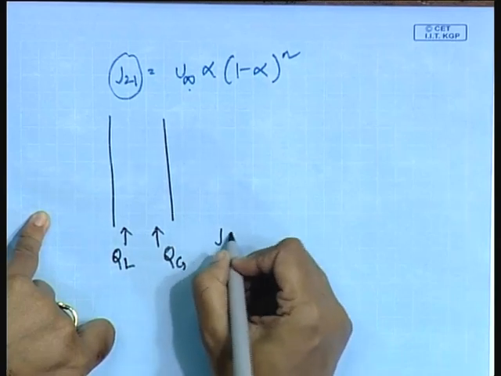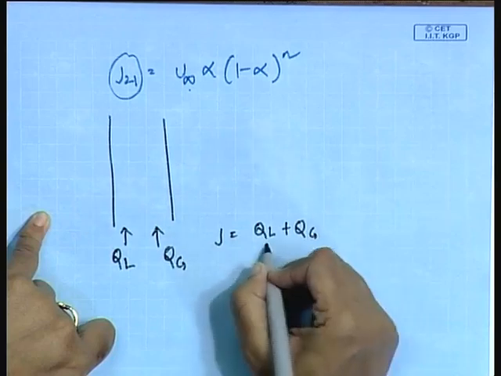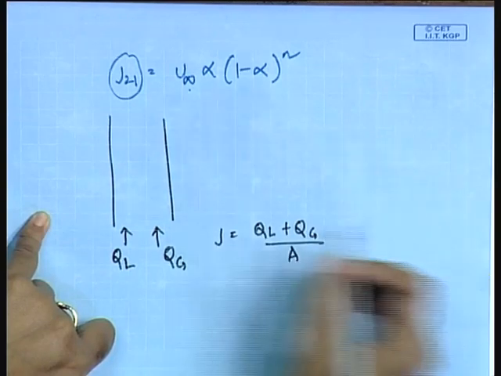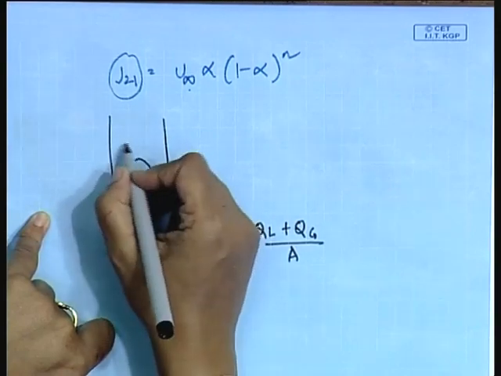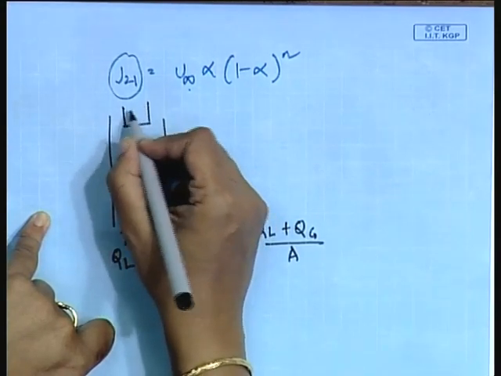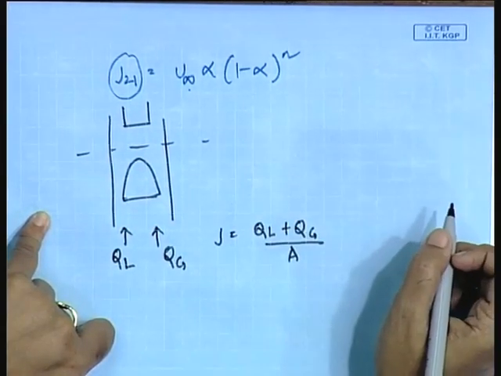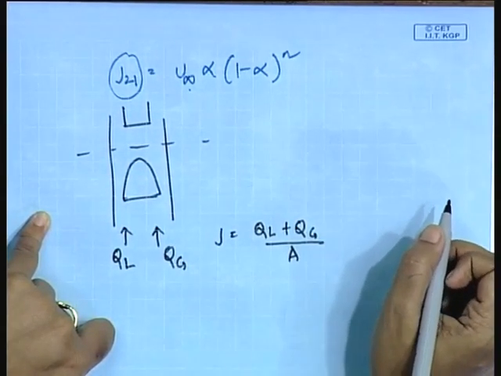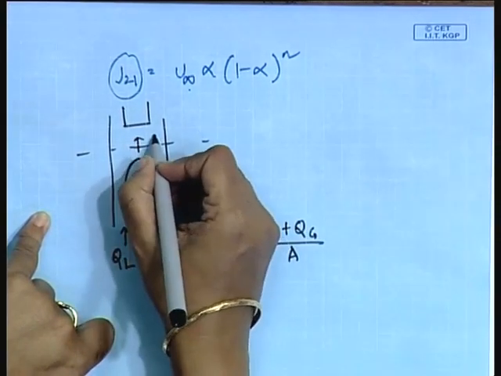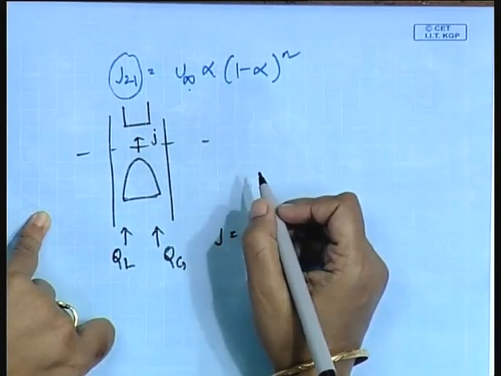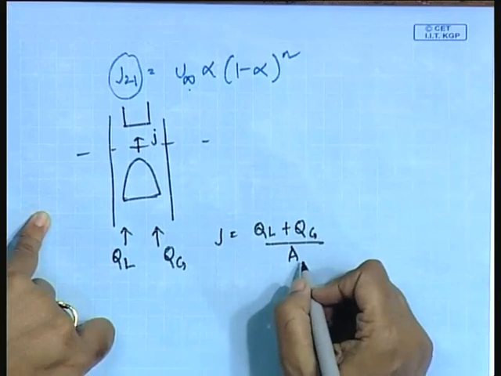So, at the entry we have J, the overall volumetric flux, equal to (QL plus QG) by A. Inside the passage, maybe we have some sort of Taylor bubbles, liquid slug, and again another Taylor bubble. Now, suppose we take any particular cross section, the overall volumetric flux must be the same. So, therefore, the liquid in this particular portion should also rise with a volumetric flux J, where J equals (QL plus QG) by A.